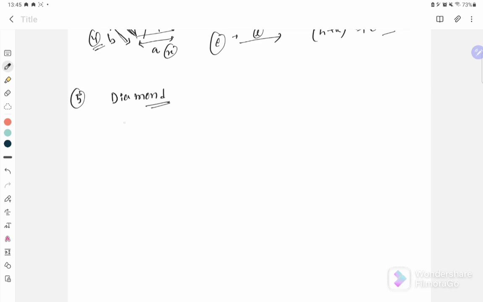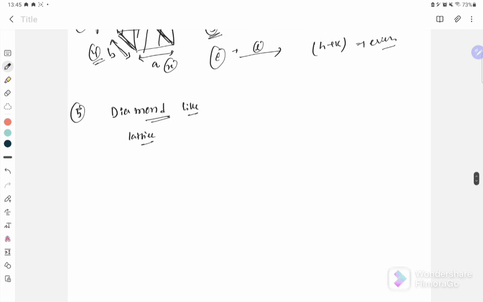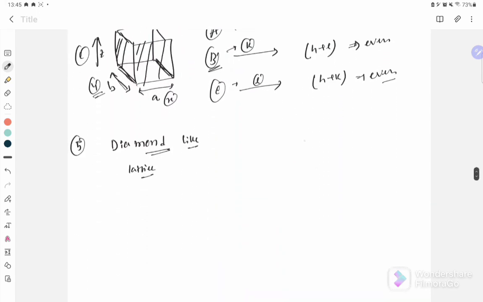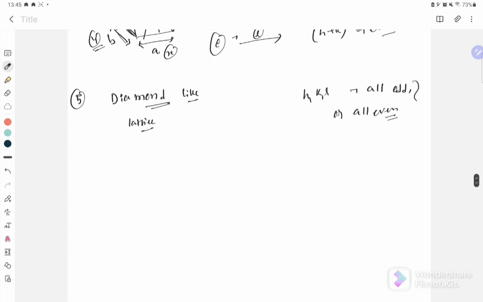Okay, so a diamond like lattice has all the conditions for face centered lattice, meaning H, K and L should all be odd or all even.